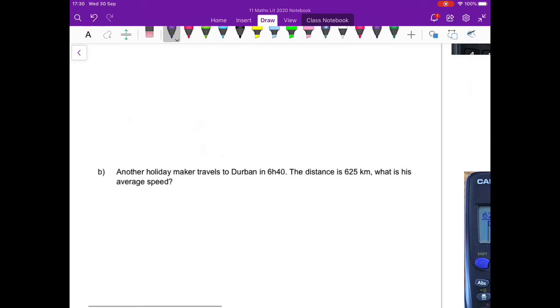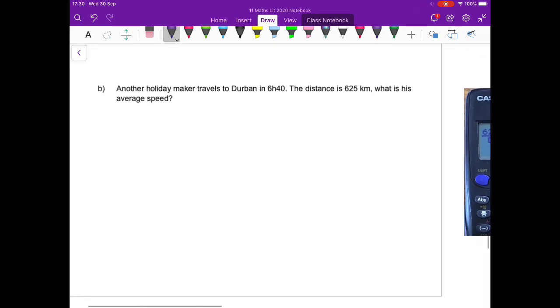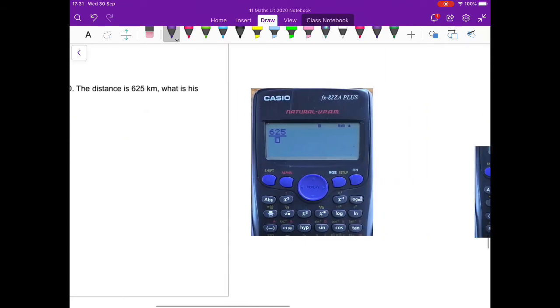Let's look at the next one. Another holiday maker travels to Durban in 6 hours and 40 minutes. The distance is still the same, 625. What is the average speed? So my speed is going to equal, again, 625 kilometers over 6 hours and 40 minutes. So again, I'm going to use my time button.